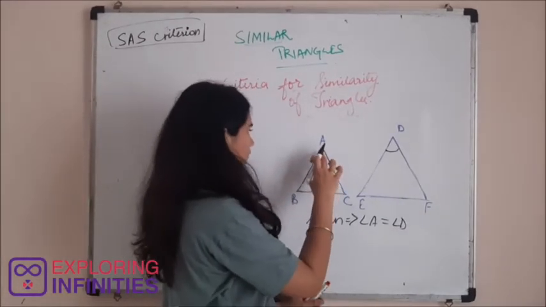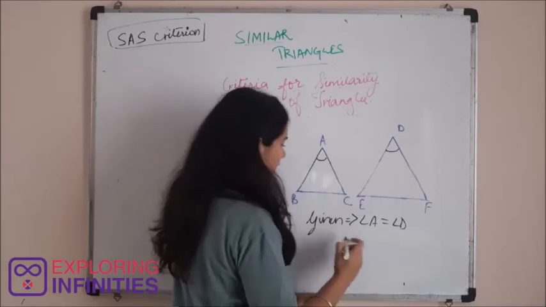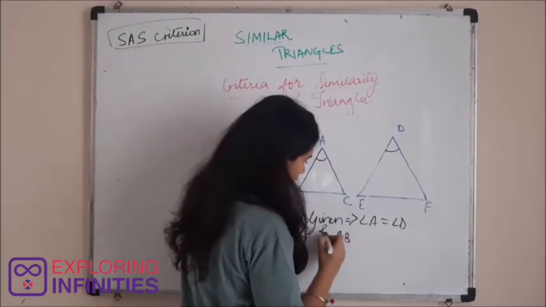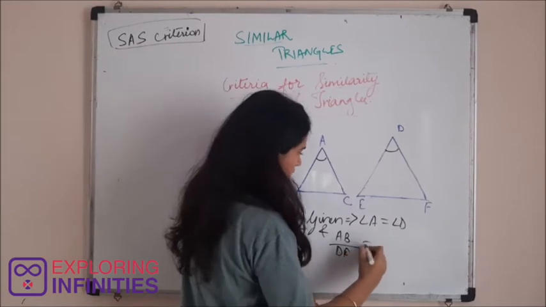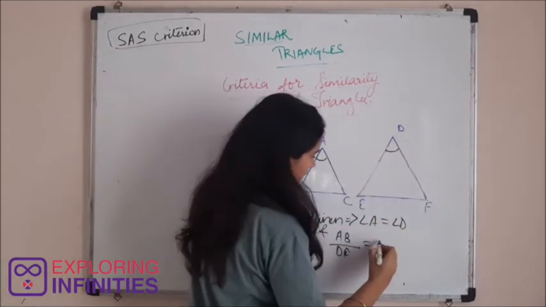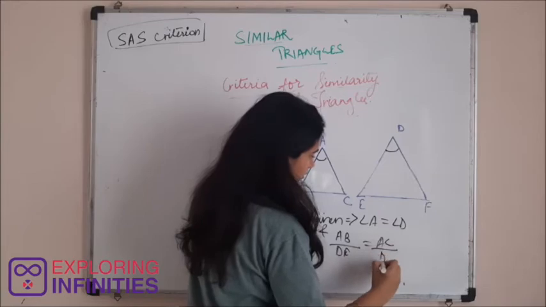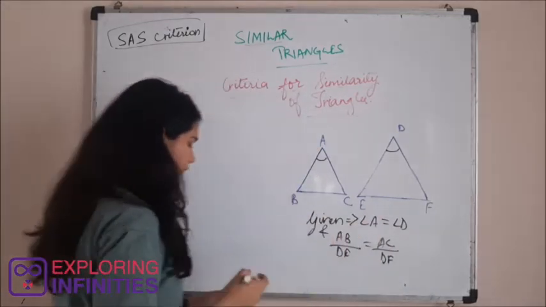So what it states is that AB divided by DE equals AC upon DF. This is already given to you.